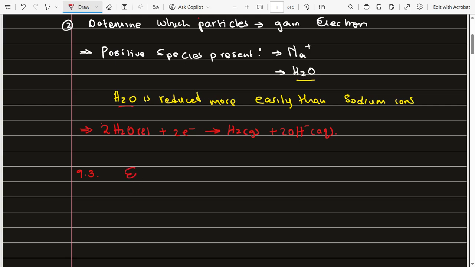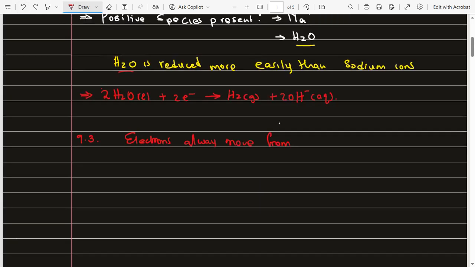electrons always move from the anode all the way to the cathode.